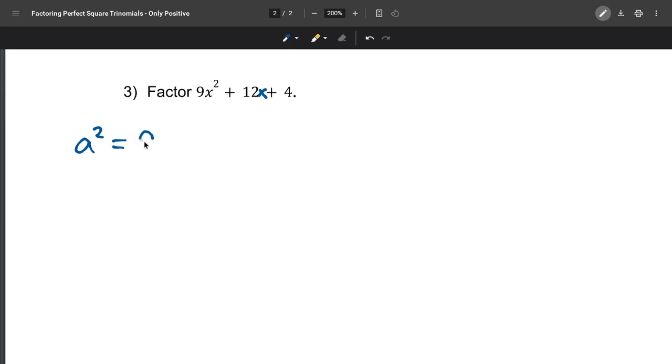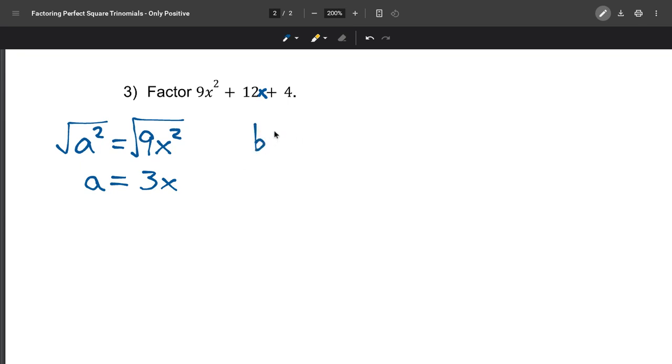So a squared in this case is going to equal 9x squared. Okay, so we take the square root, both sides, we get a is equal to square root of 9x squared is 3x. Why is that? Well, 3x times 3x equals 9x squared. Okay, so a is 3x.